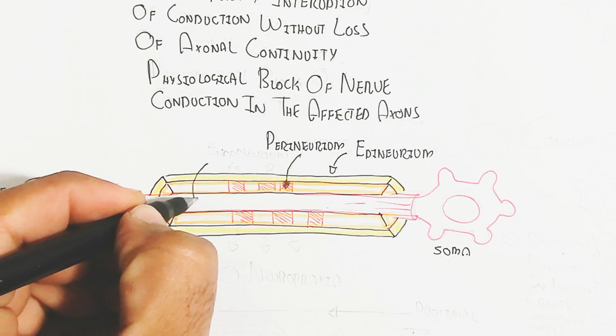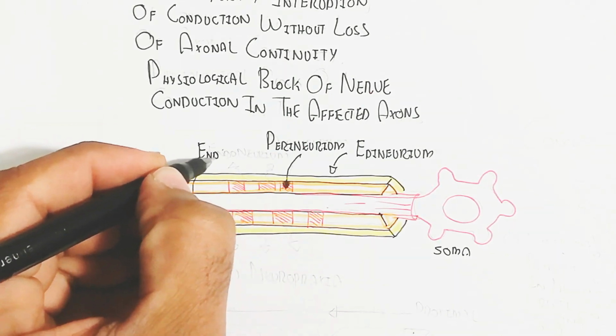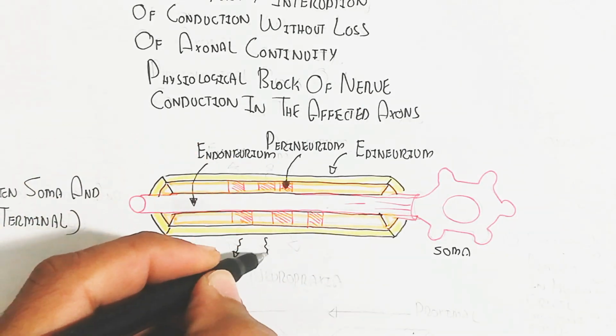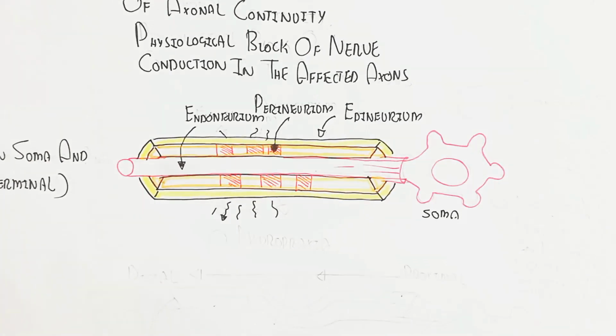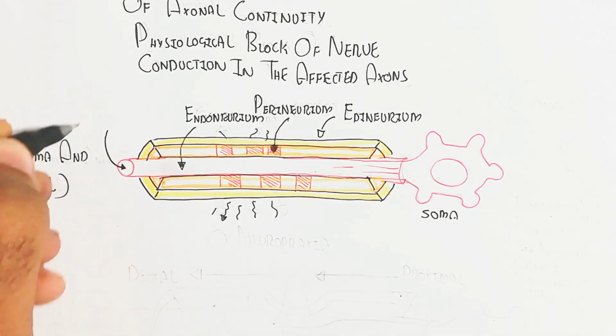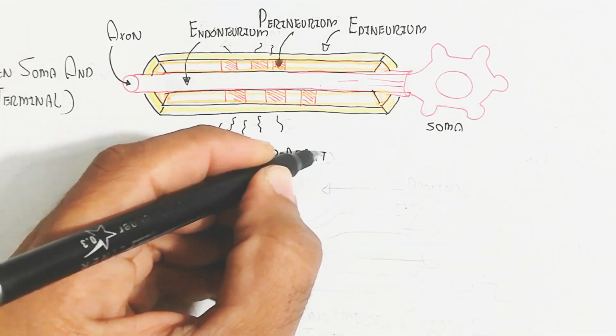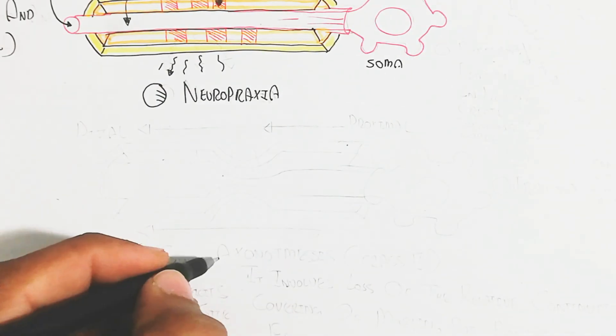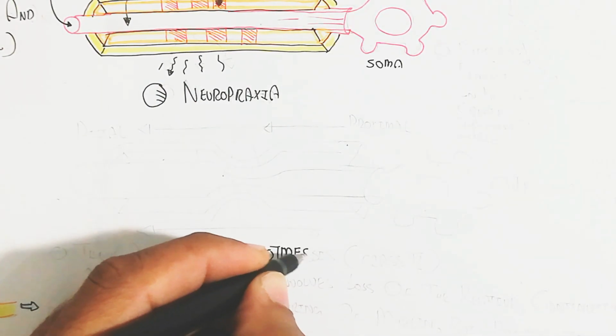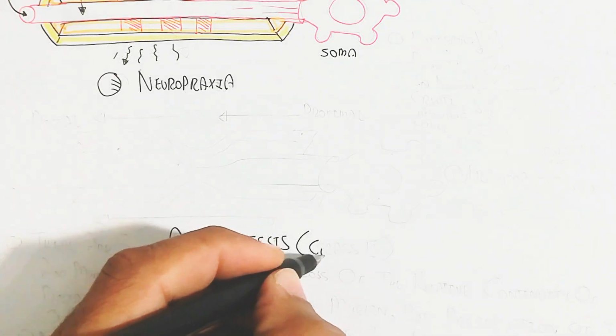The orange color is the perineurium, and the endoneurium contains axons. The bundle of neurons is known as a ganglion, and this is the axon, remember. So this is neuropraxia: basically a physiological block of nerve conduction in the affected axon.